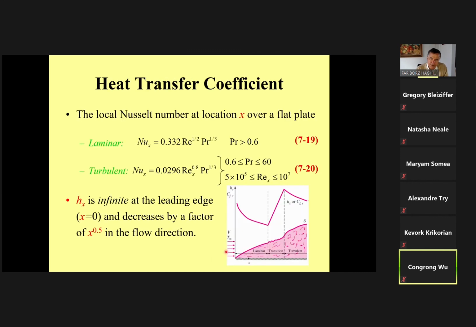Look at here. I'm so sorry, I'm going back and forth. Flow over a vertical wall or horizontal plate, going parallel to the plate, and the flow is in this direction. At the beginning, as we saw before, the flow is laminar.